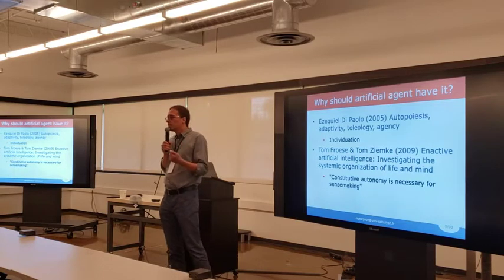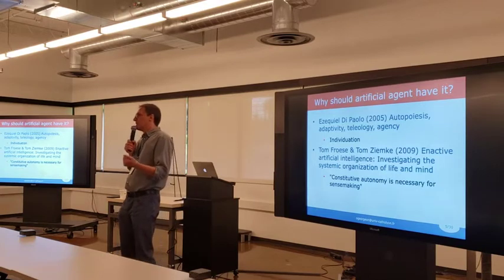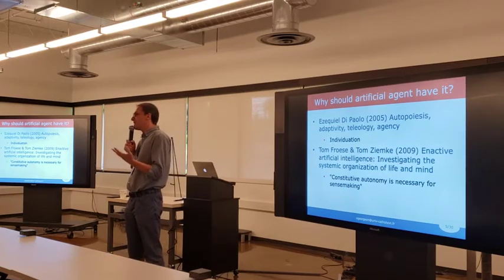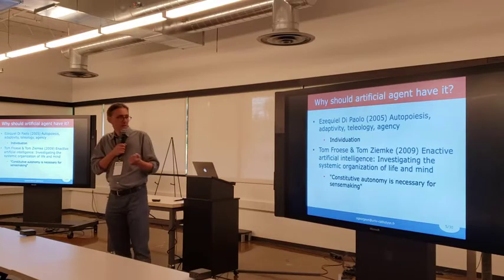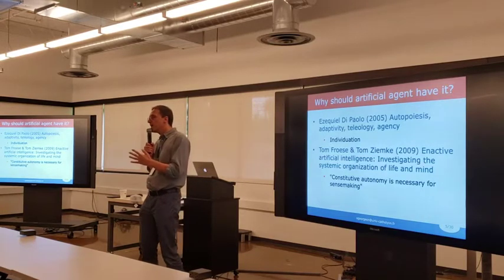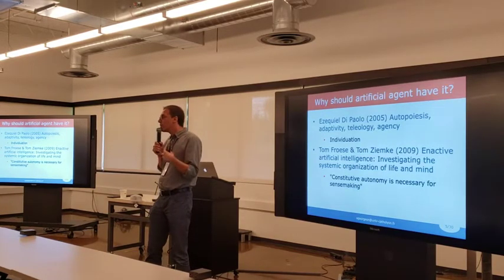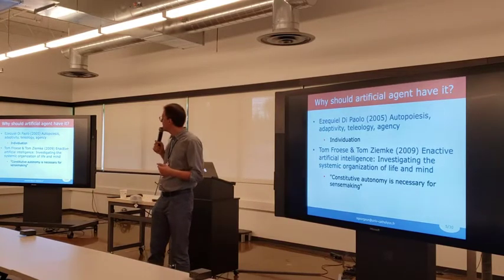And so if we want to be able to believe that this robot makes sense of what is happening to it, it needs to have constitutive autonomy. It should not just process information in a predefined way, it should seem to incorporate this information and change itself based on this information.